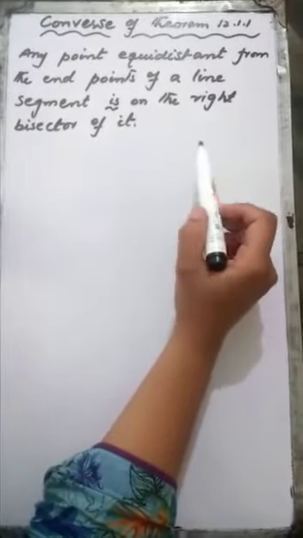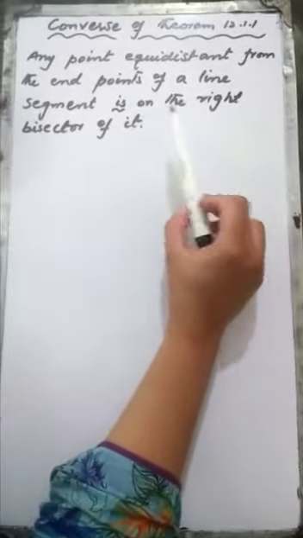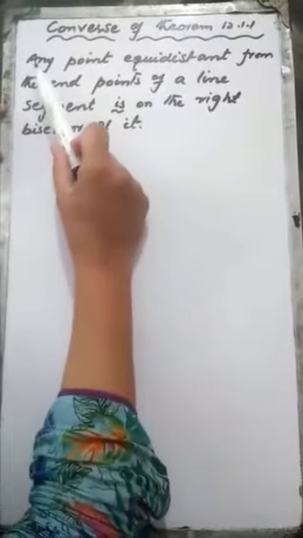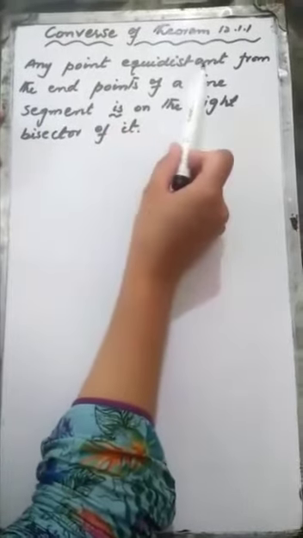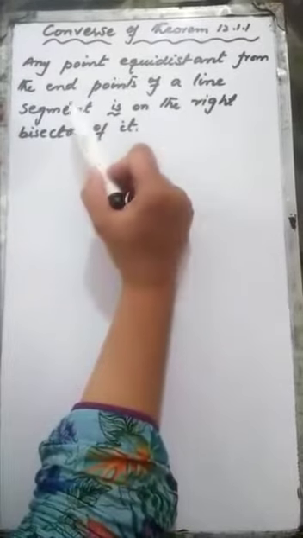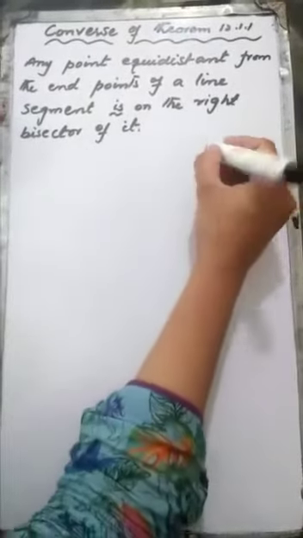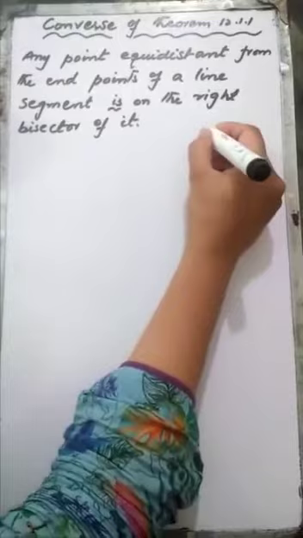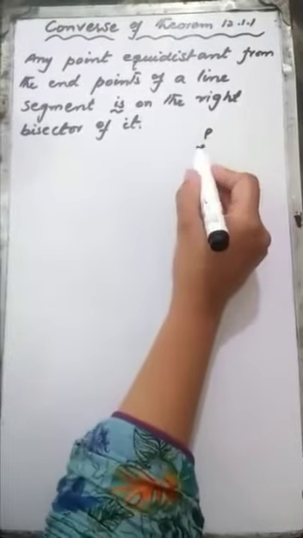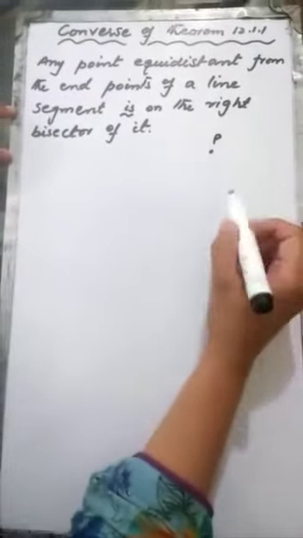Now we'll draw the diagram first of all according to the statement. What is according to the statement? Any point equidistant from the endpoints of a line segment. Means you have a point, let's say the name of the point is P. A point which is at equal distance from the endpoints of a line segment.